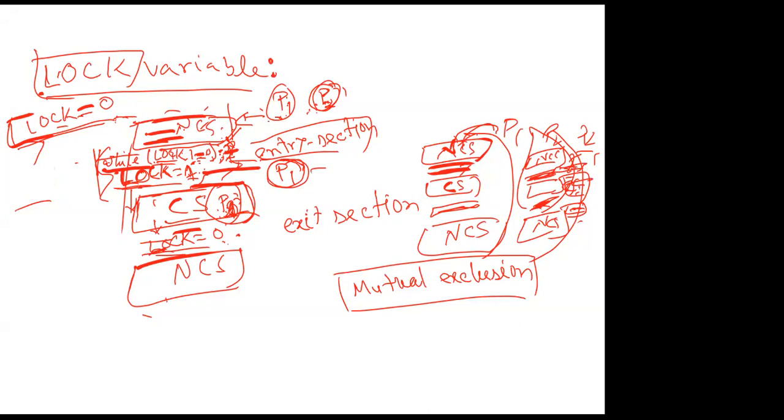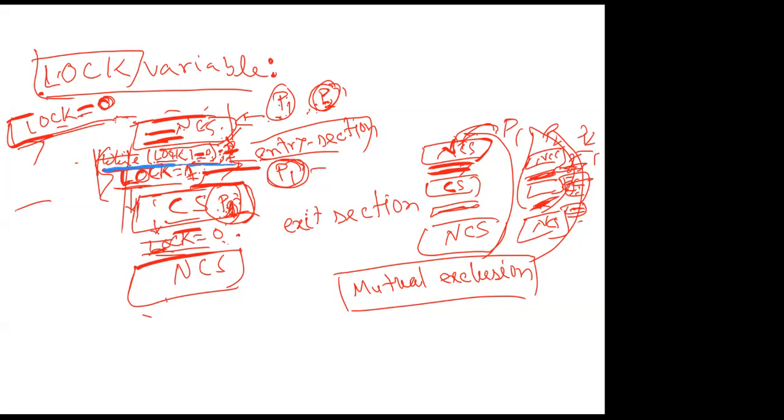At first P1 will execute the non-critical section, and then it will execute the while loop. While lock not equal 0: lock is currently 0 now, so the condition is false. So in between, after the while loop, process P1 is preempted by the CPU. Lock is still 0.